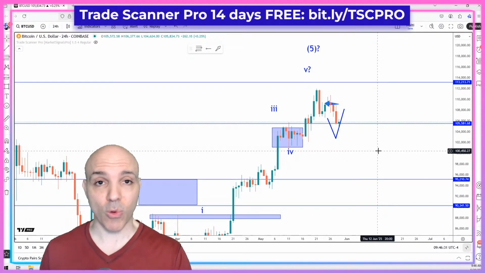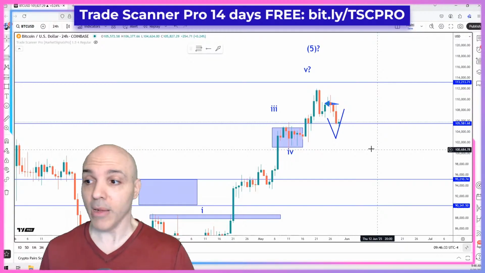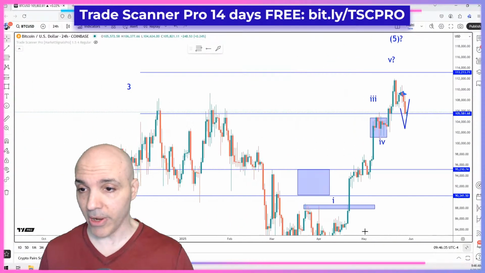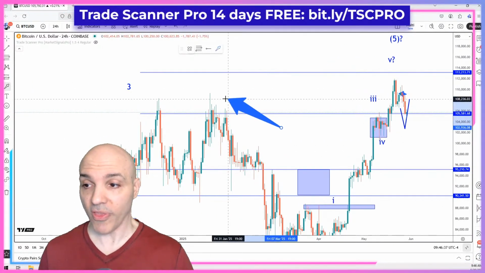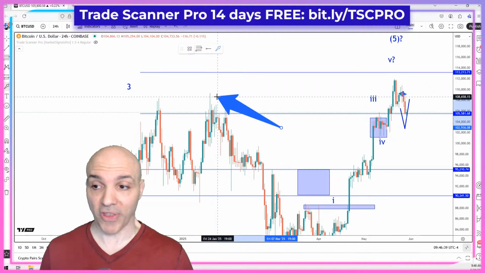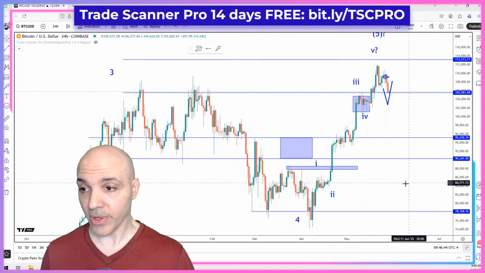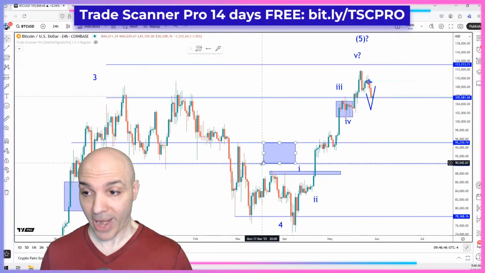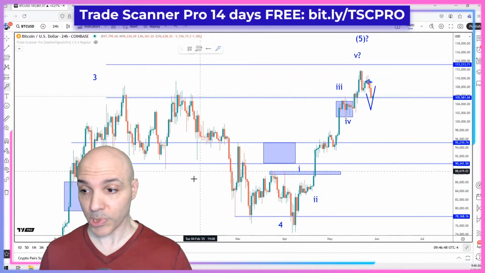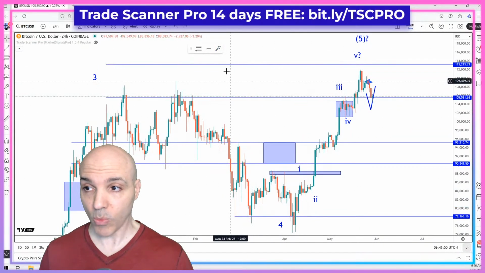Every time I see a wave 5, I'm not always right, but a lot of times, even back here, this was a wave 5. It wasn't the wave 5, but I was counting 5 waves. And you got a corrective structure, right? And better prices, meaning lower prices, were ahead.